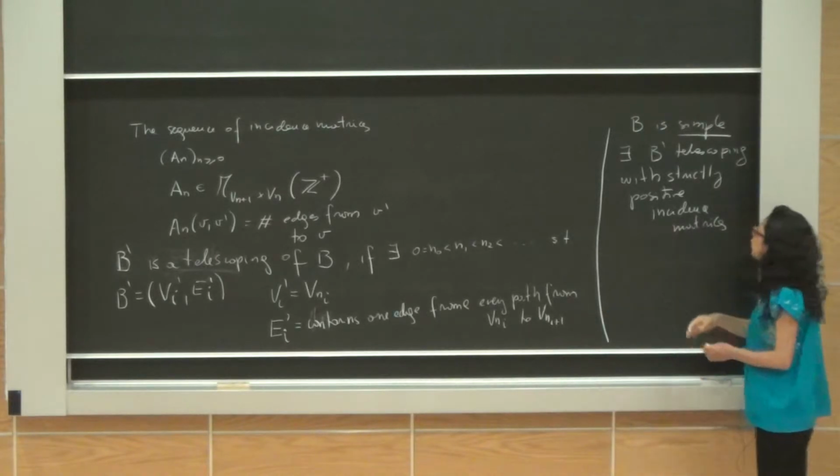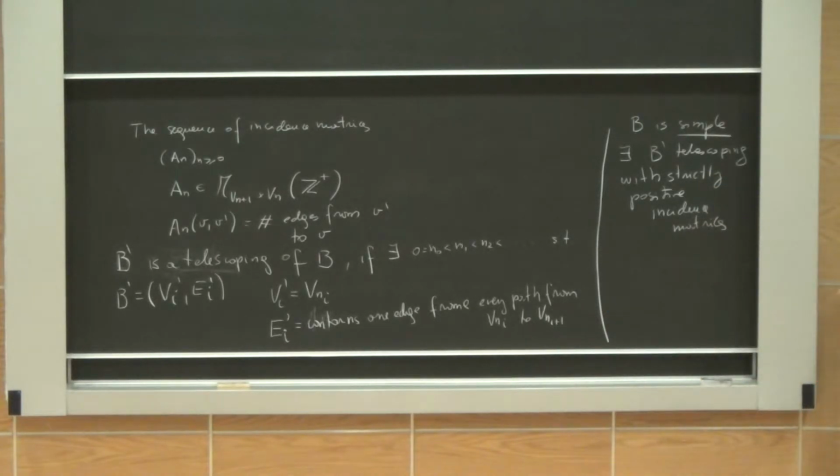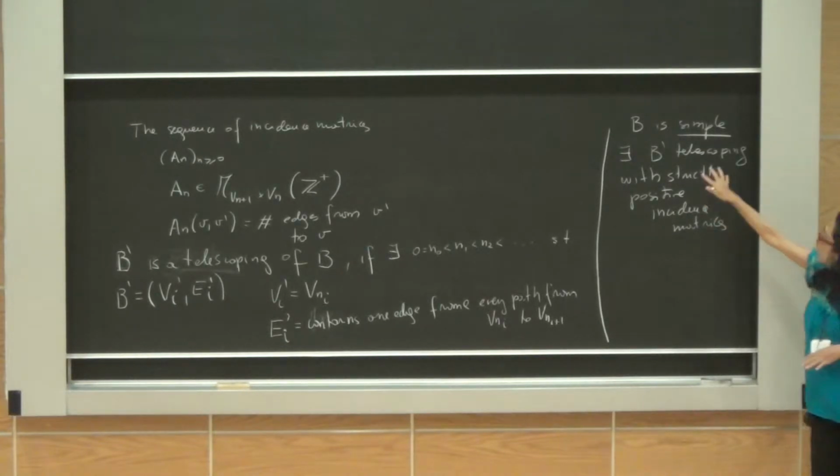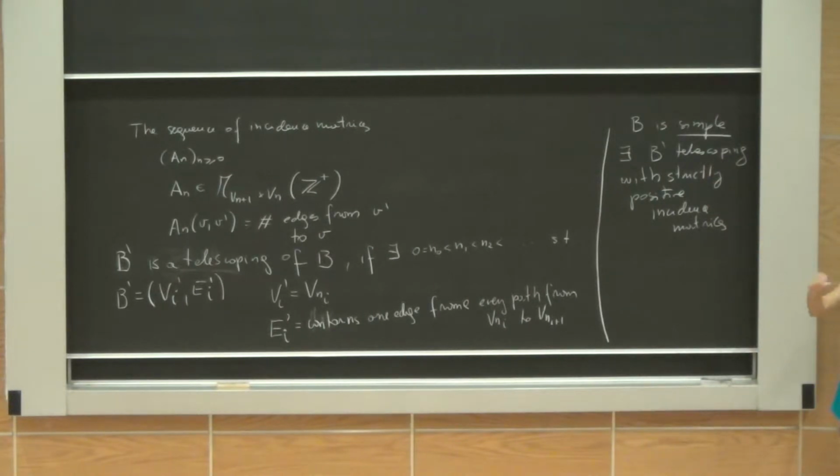The incidence matrices of the telescoping are just the product of the incidence matrices of the previous Bratteli diagram. So we are interested in Bratteli diagrams where from the level Vn, you can go from any vertex to any vertex at the level Vn plus 1. This is the idea of simple.